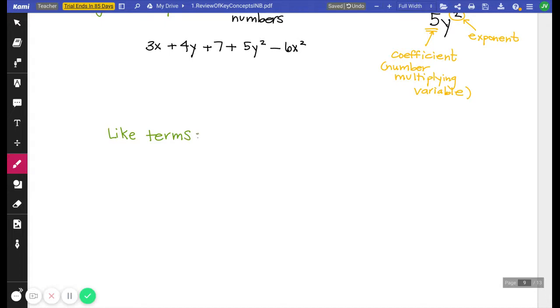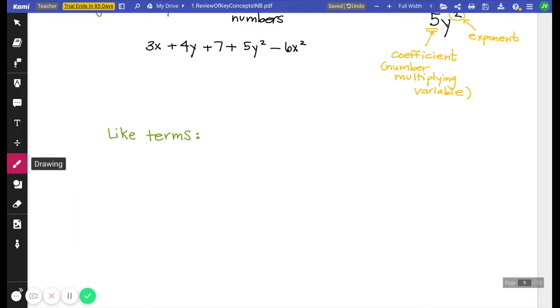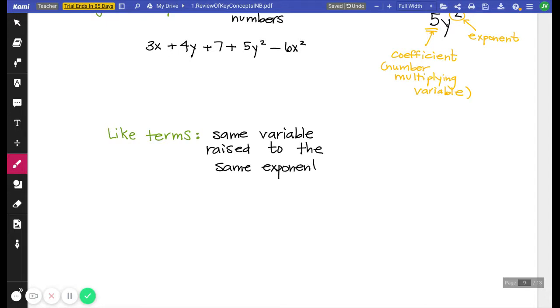So for like terms, we are looking at each individual part, and if they have the same variable or variables raised to the same exponent. So a quick example. And then a couple non-examples.